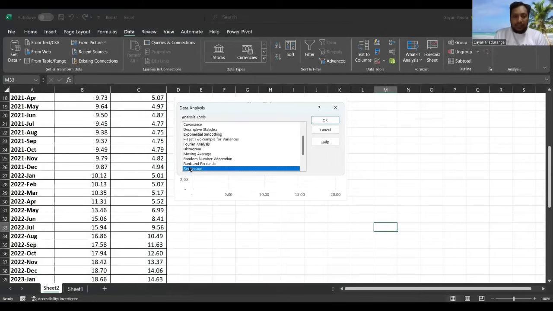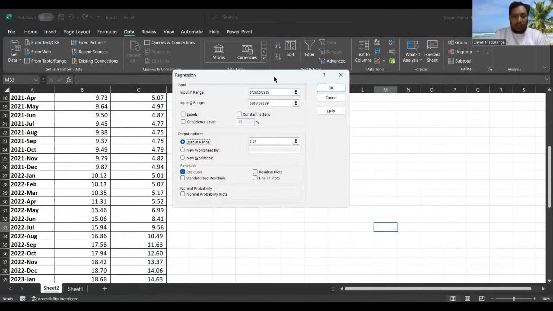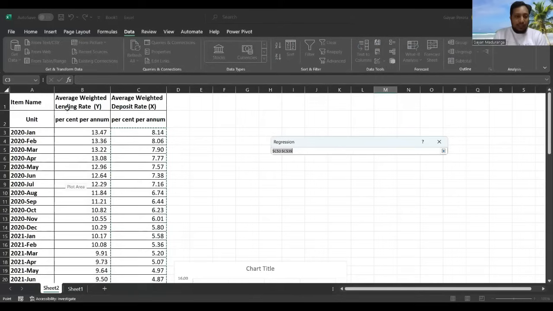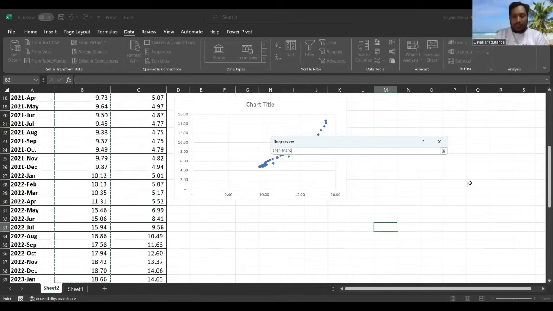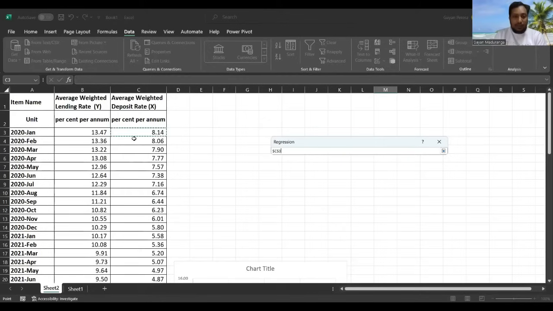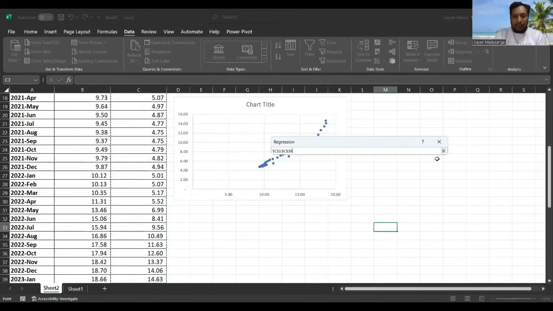When you go to Data Analysis, there is a tab called Regression. Select Regression and press OK. Here we need to select the Y variable first. My Y variable is this one, so I select the whole data, and then I go to the X range and select it.